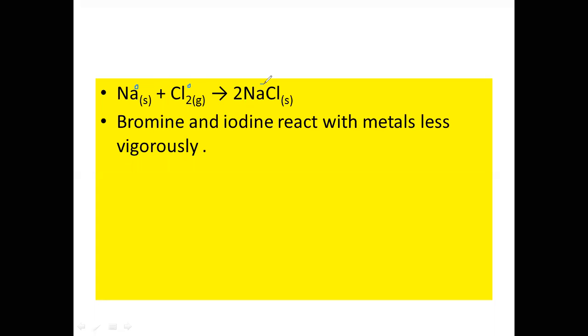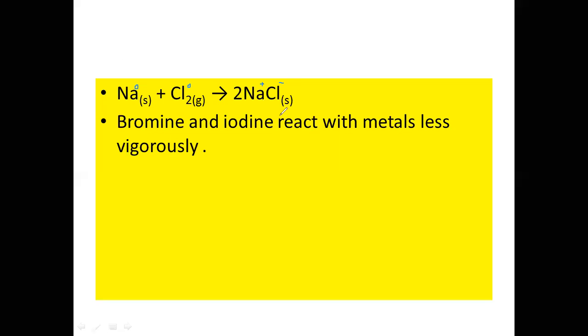Sodium becomes +1, and chlorine is -1. So sodium undergoes oxidation because its oxidation state changes from 0 to +1, and it acts as a reducing agent, while chlorine undergoes reduction because its oxidation state changes from 0 to -1.